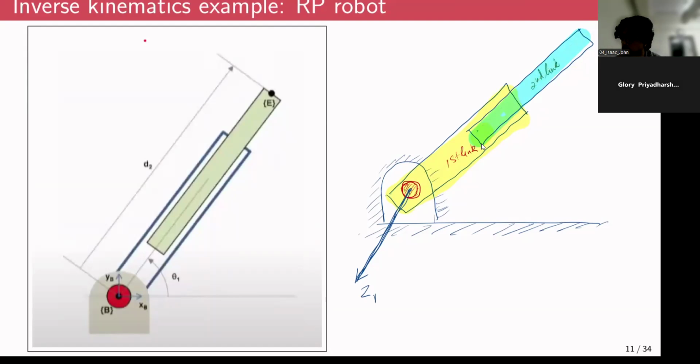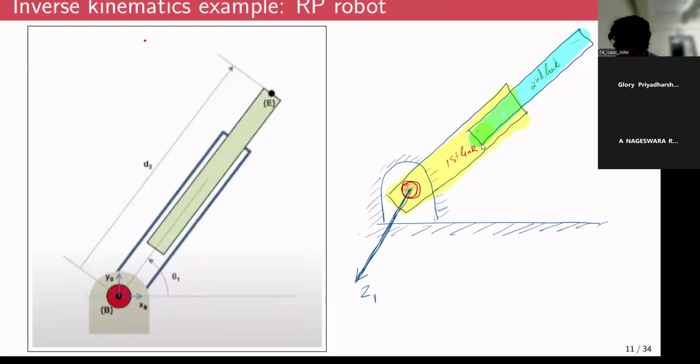So since this is a prismatic joint and the motion is along this direction, you can fix your z-axis anywhere along the axis of the prismatic joint. Maybe I'll fix it somewhere around here. So this will be Z2. I hope that is clear.